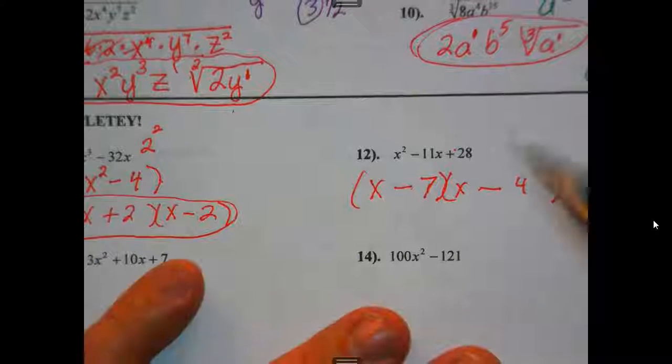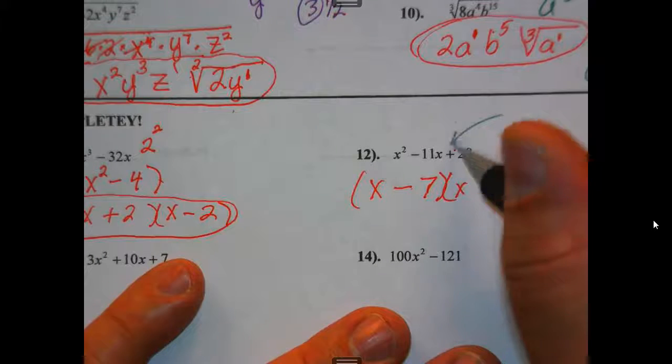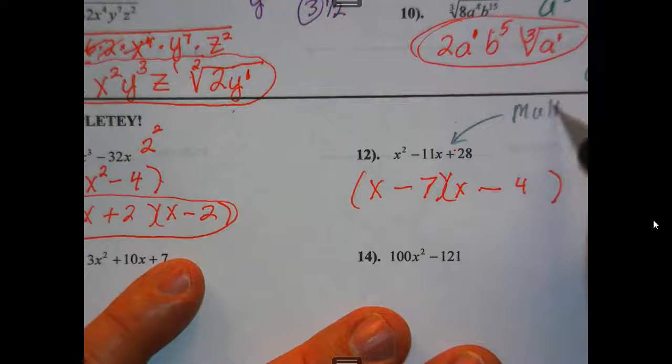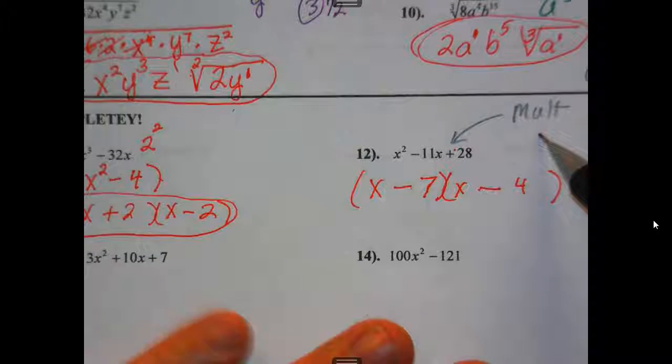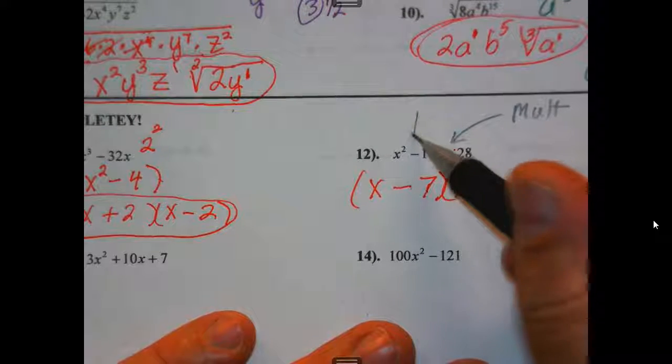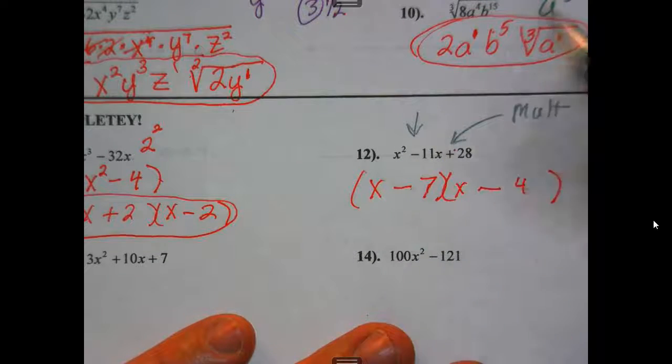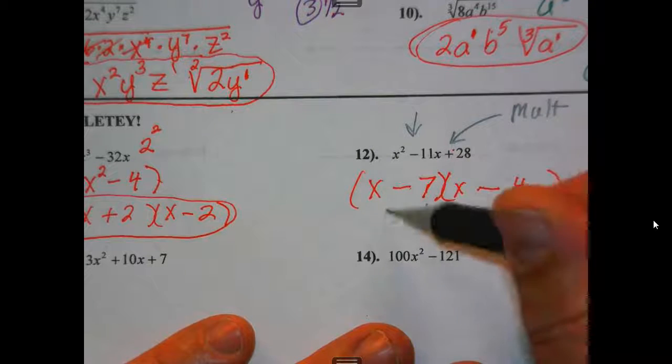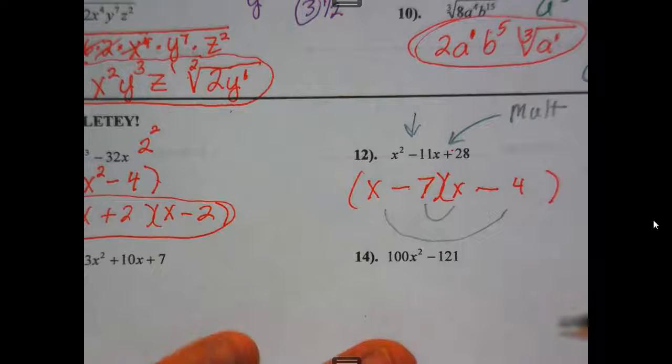Okay, because it multiplies to a positive, so the signs are the same. But they add up to a negative, so they both have to be negative, so that when we multiply these, they get positives and they add up to a negative.